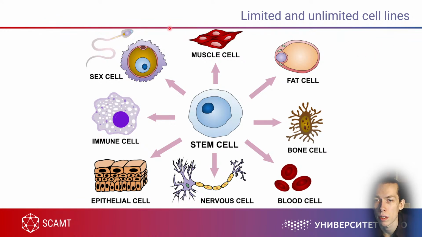Some of these cells can divide, but not all of them. Stem cells can divide, so they can be considered in some ways unlimited cell cultures. But most of these cells are limited cell cultures, so they cannot divide in normal conditions.